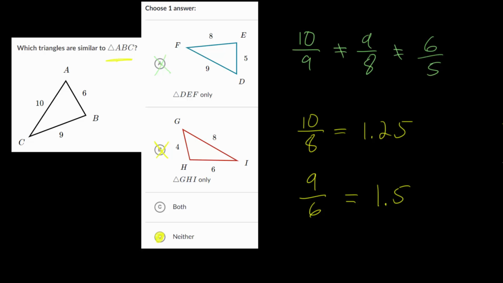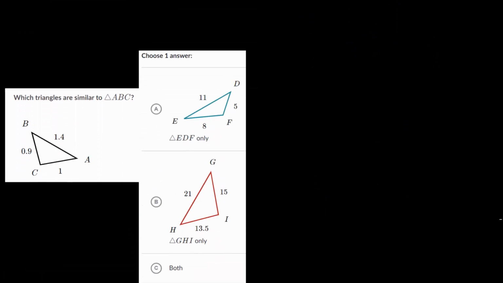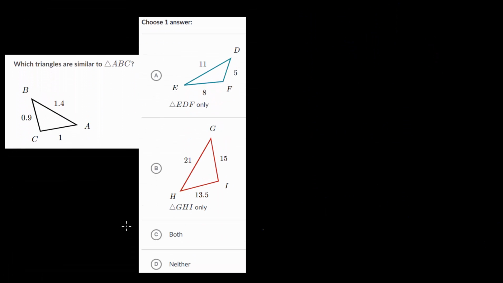And let's look at one more of these problems. But the main idea is that we want to compare the side lengths. We want to compare the corresponding sides and look at their ratio. So if we start with triangle ABC and compare it to EDF, then we can start with the long side in each. And let's look at the ratio of the bigger one to the smaller one, but you can do it in reverse.